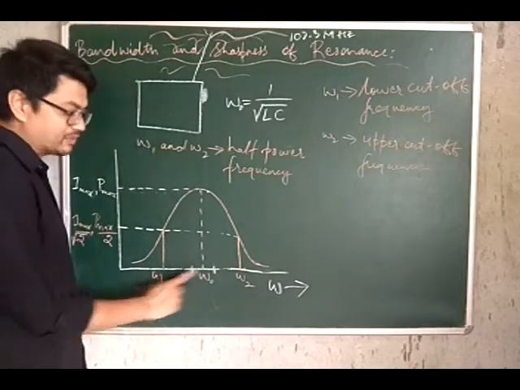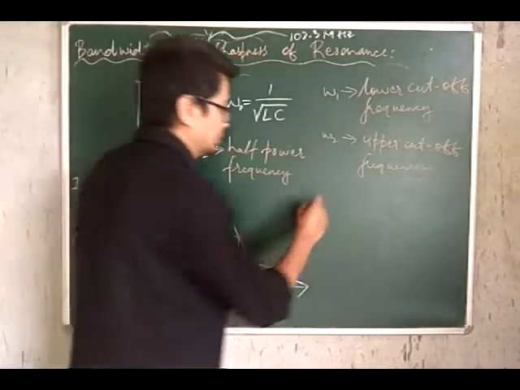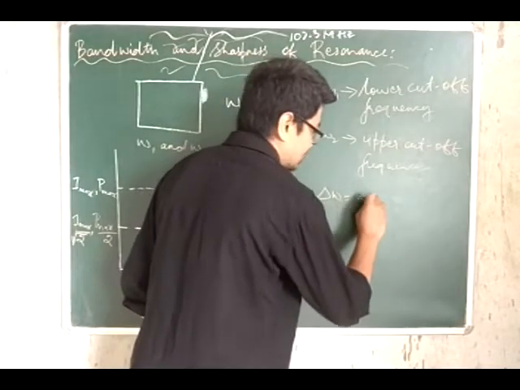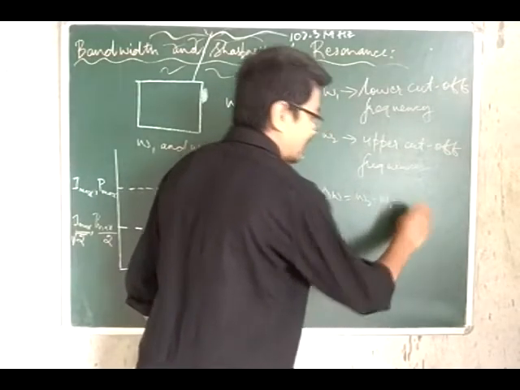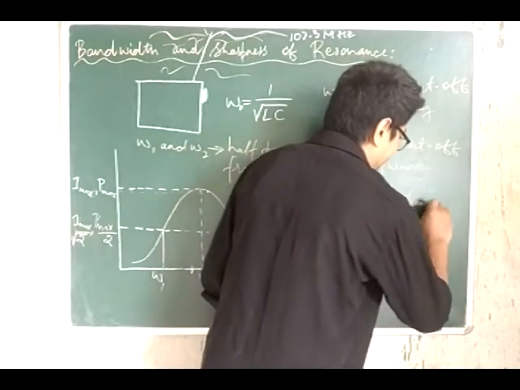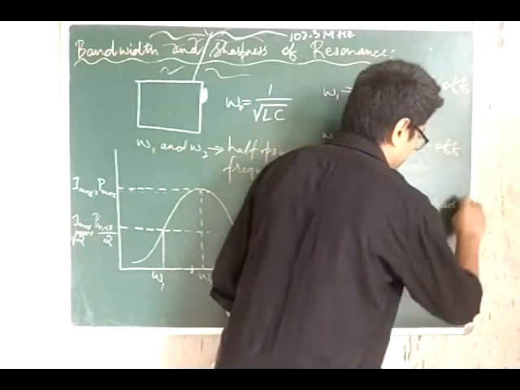Now, this difference between omega 1 and omega 2 is denoted by delta omega. This is omega 2 minus omega 1, and this is called your bandwidth.